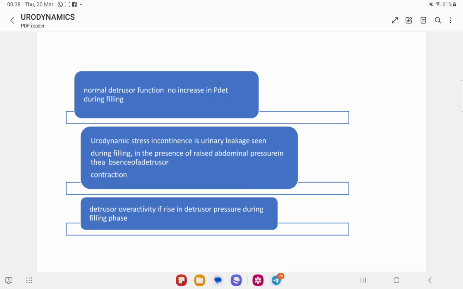Usually we call it overactive bladder when the patient has symptoms of urgency and frequency, but once it is confirmed on urodynamics, then we call it detrusor overactivity. So for a normal cystometry, the detrusor pressure should not be rising during the filling phase and it should remain less than 15 centimeters of water.